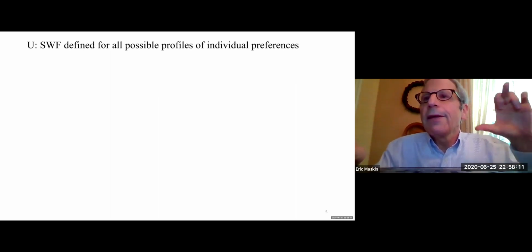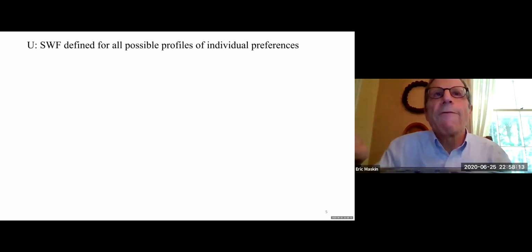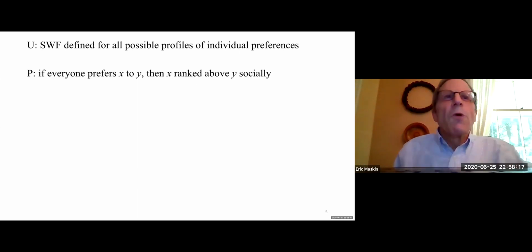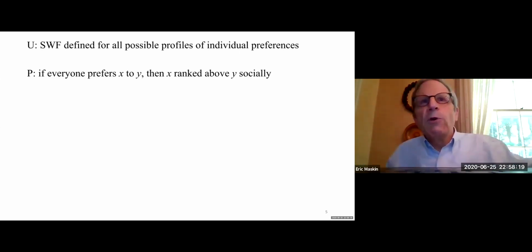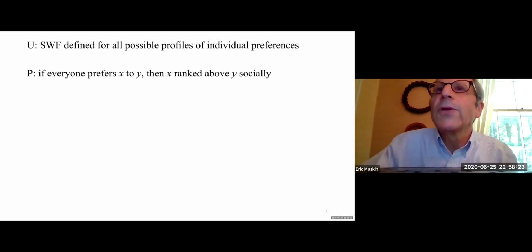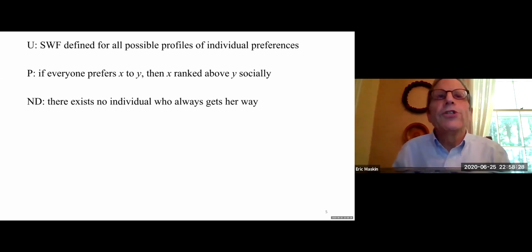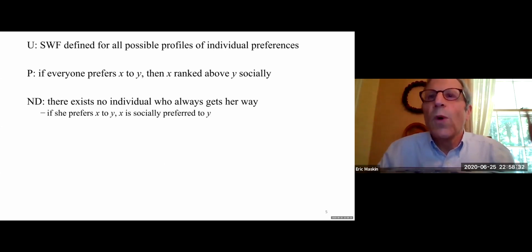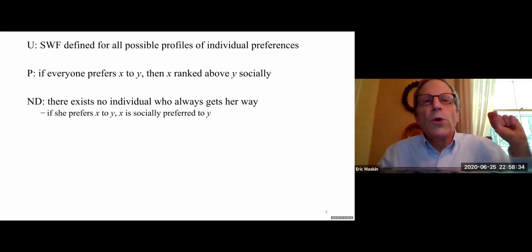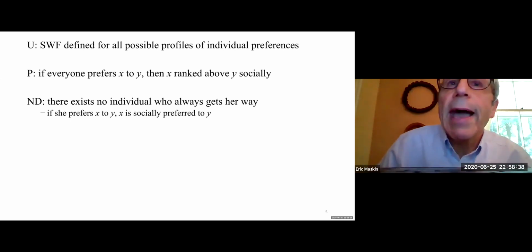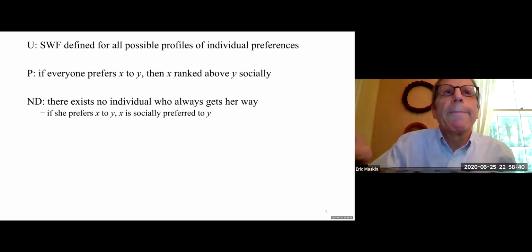I'm going to say that people always have strict preferences, but I'm going to allow any strict preferences. The Pareto property we already talked about. If everyone prefers X to Y, then X should be ranked above Y socially. And non-dictatorship says, in effect, that there's no individual who always gets her way. There's no individual who, if she prefers X to Y, guarantees that X will be socially preferred to Y.